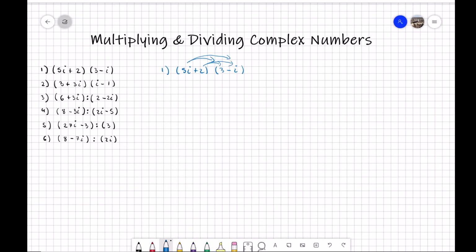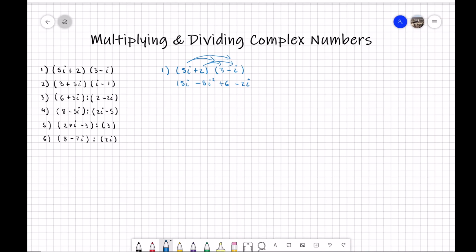So you have to multiply 5i times 3, which is 15i, then 5i times negative i, which becomes negative 5i squared. Then you multiply 2 times 3, which is 6, and 2 times negative i, which is negative 2i, right? So you see it acts just like an equation.